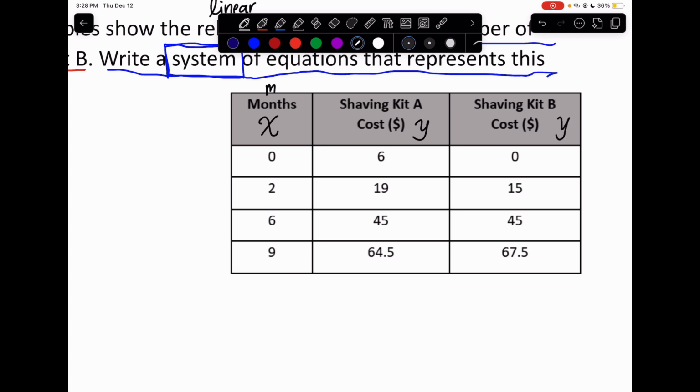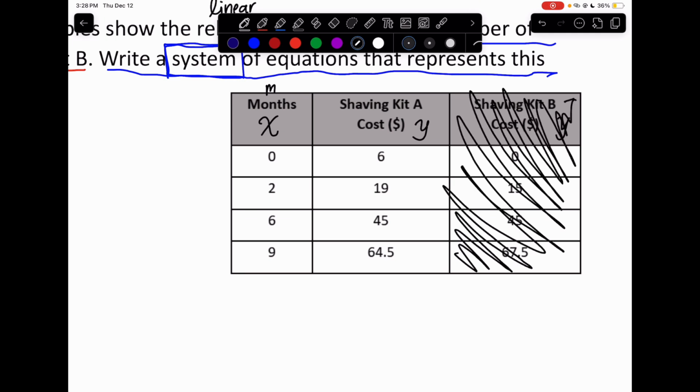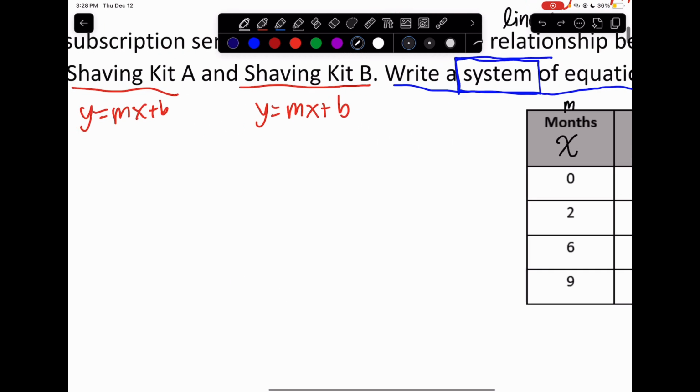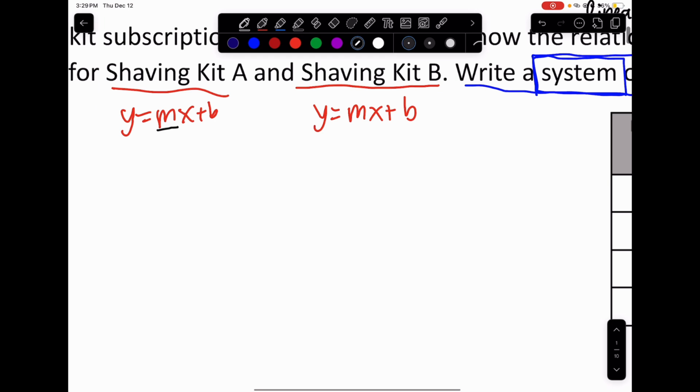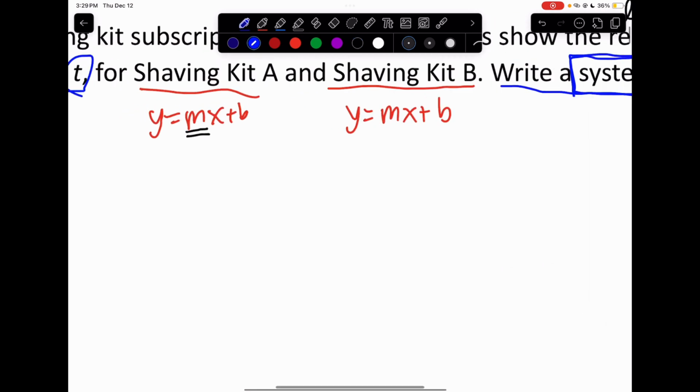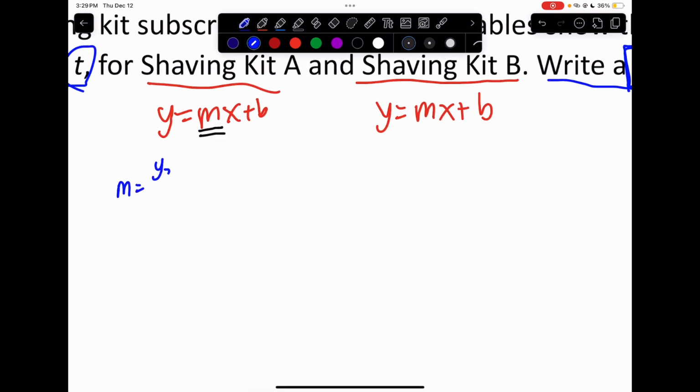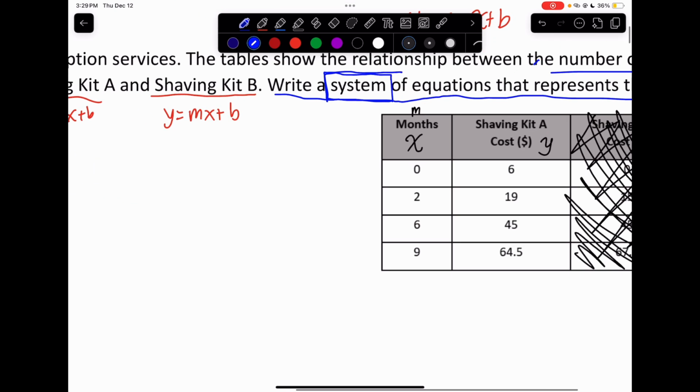If I want to start by finding the equation for shaving kit A, then shaving kit B is totally irrelevant to me. I don't even want to look at that right now. I'm only looking at this and this. So I need the y equals mx plus b. So I'm going to start by finding my slope, which is y2 minus y1 over x2 minus x1. So I'm going to pick 2 points.